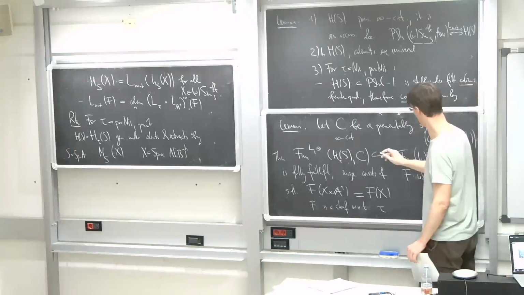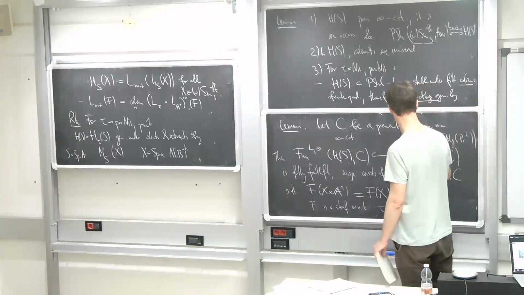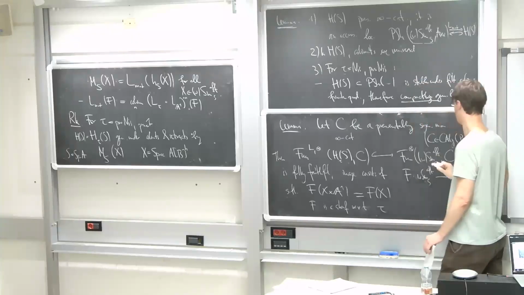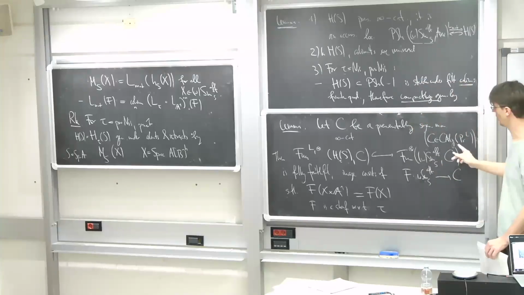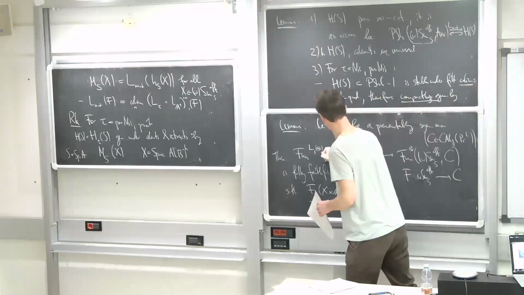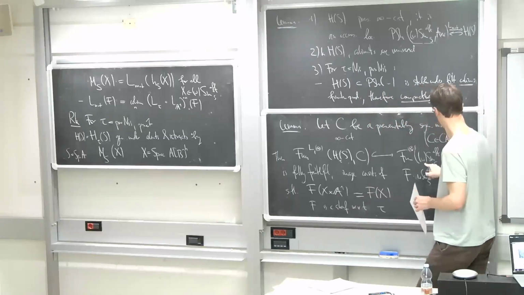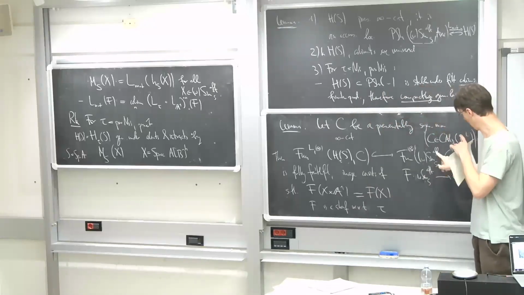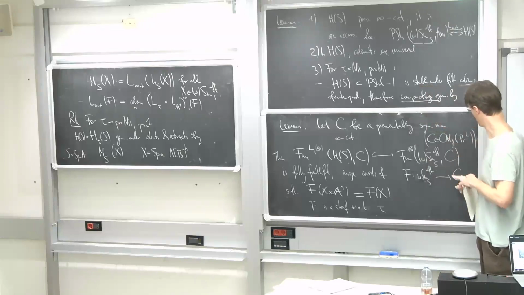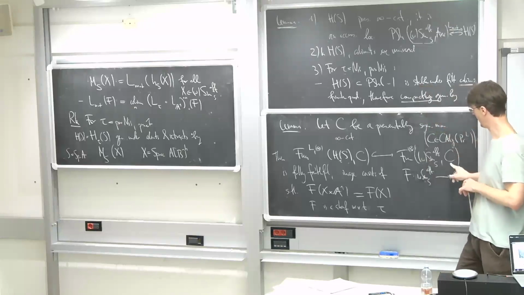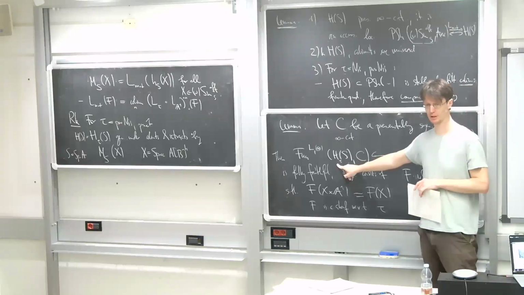And I forgot one other thing, namely I want this to be a symmetric monoidal functor. If I have a functor that takes products of affine schemes to products in C, then this will jazz up to a symmetric monoidal functor out of the integral Motivic space. Okay.